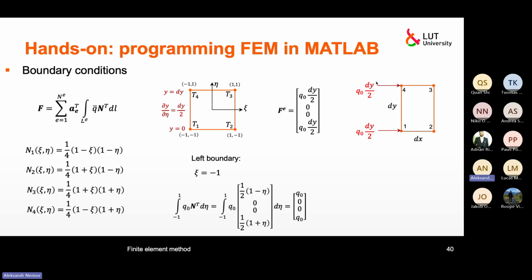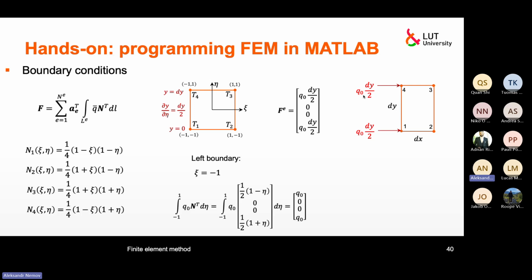So overall, I'm applying Q0 heat flux on this whole side. Heat flux is energy per time and per area. So to calculate energy, I need to multiply it by the length of this side in 2 dimensions. Therefore, it's multiplied by dy, and it is just distributed evenly between 2 nodes, which is essentially what I do here with this linear interpolation. So it's dy over 2 and over 2 here.